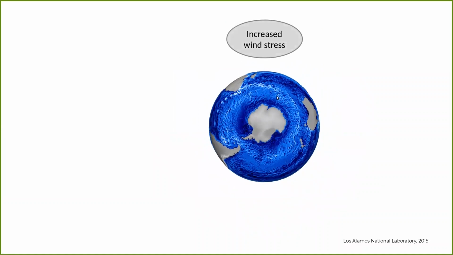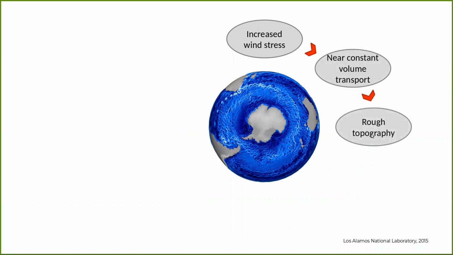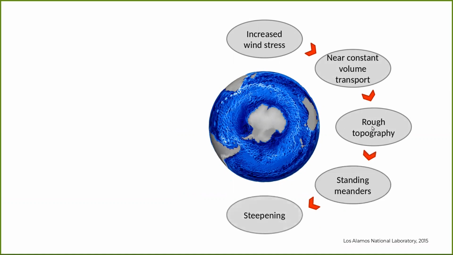Well, the volume transport of the ACC has been relatively constant, although there has been an increased wind stress over the last few decades. Where the flow goes over rough topography, you see these standing meanders, and these standing meanders steepen or flex when the current gets stronger.